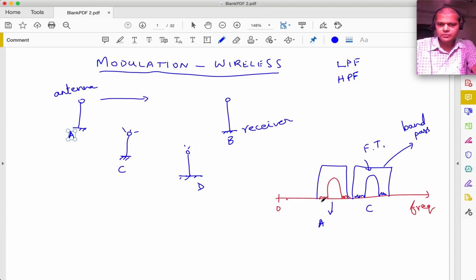But anyway, what the government does is they auction different parts of the spectrum. All the frequency range is called spectrum. You will read that in the newspapers. The Minister of Communications recently talked about auctioning 5G spectrum.